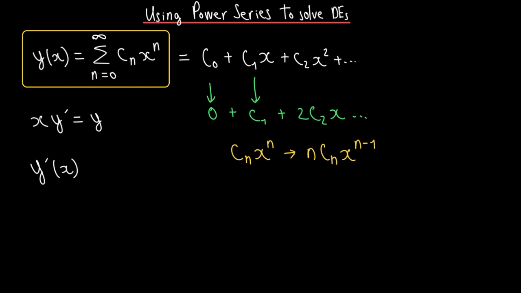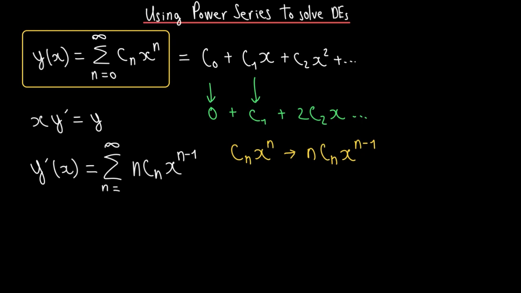And therefore, to calculate y prime, well, we just use this expression that we have over here. So, n cn x to the power of n minus 1. And we have, of course, an infinite sum. So, infinity and n is equal to, well, what should be the start of the index over here?